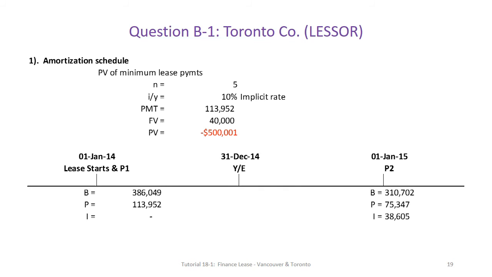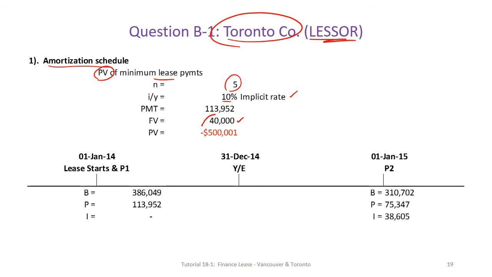Okay, and so now we move over to Toronto, who is the lessor. And our first requirement is to do an amortization schedule to see what it looks like from the lessor's perspective. And so we would calculate the PV of the lease payments in the same way, but now using all of the lessor data. So it's a 5-year lease. The lessor knows the rate that they're using in calculating the payment, 10%.